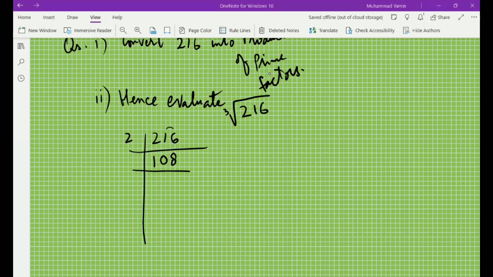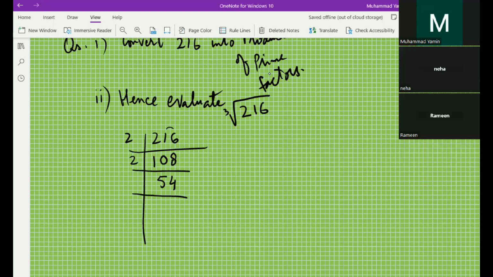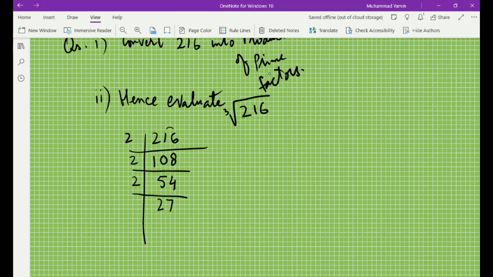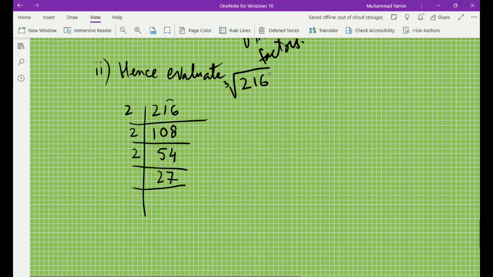And then we'll take again the 2. 2 5s are 10. 2 4s are 8. Again, since 4 is there, that is the even number. We will take 2 again. 2 2s are 4. 2 7s are 14. Now this cannot go with the 2, so we will have to take 3 here. 3 9s are 27.